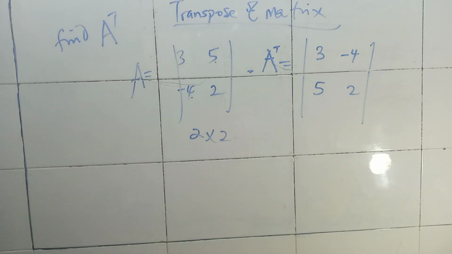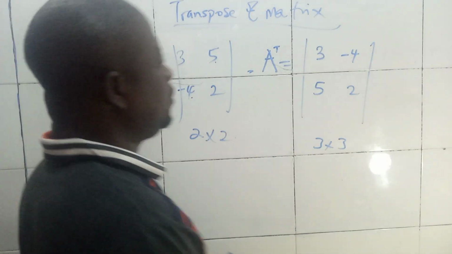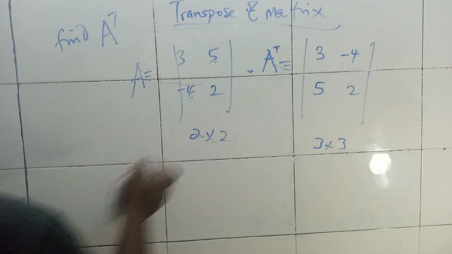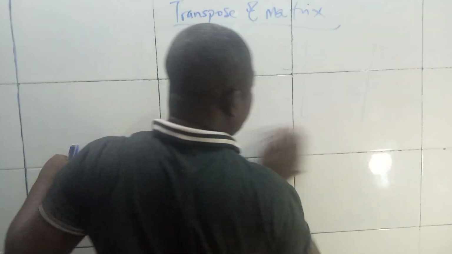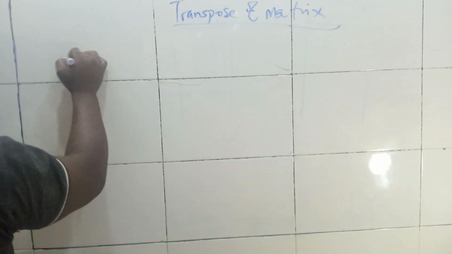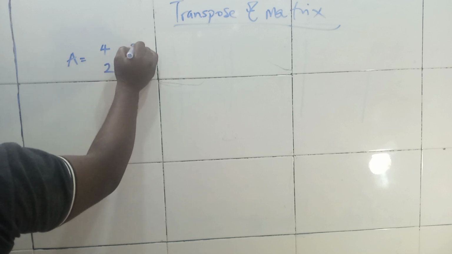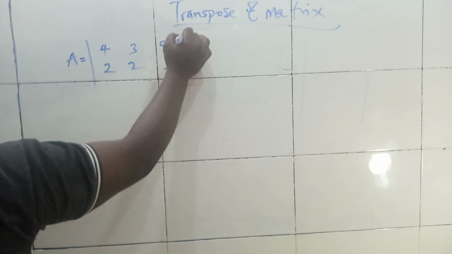I can have a 3 by 3, I can have a 4 by 3, but let me do another one. Let me just do a question that will explain everything. Let's say A is equal to 4, 2, 3, 2, 5, 2.